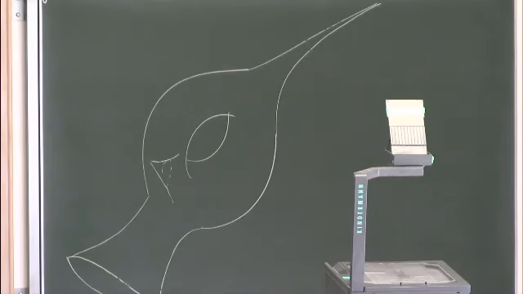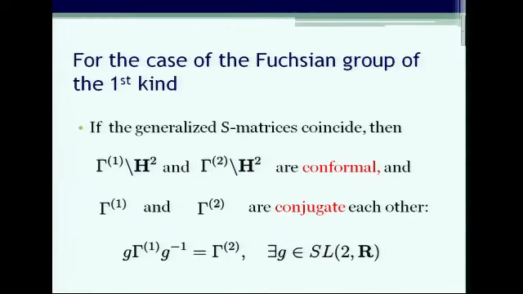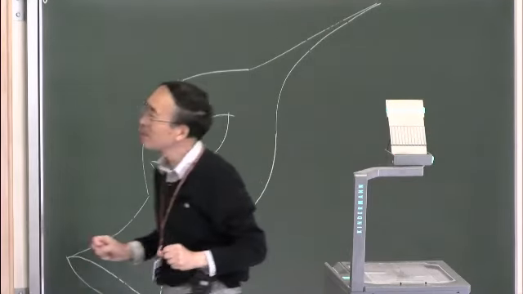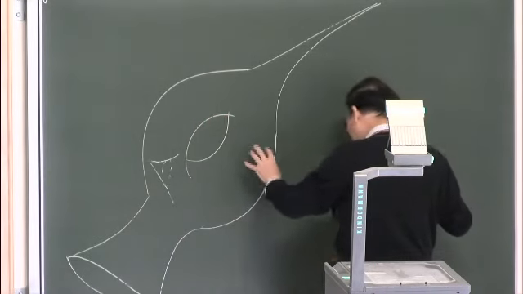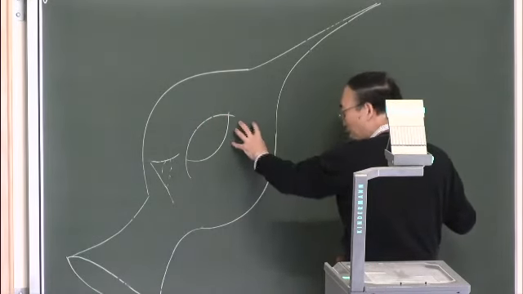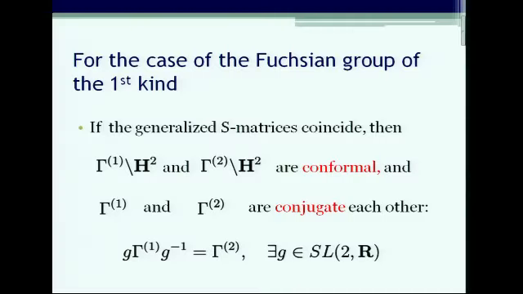Okay, sorry, almost 2 minutes. And so, for the case of the Fuchsian group of the first kind, what we get is as follows. If we have two same scattering matrices, it implies that these two spaces are conformal, and the discrete groups are conjugate to each other by some element from SL(2,R).